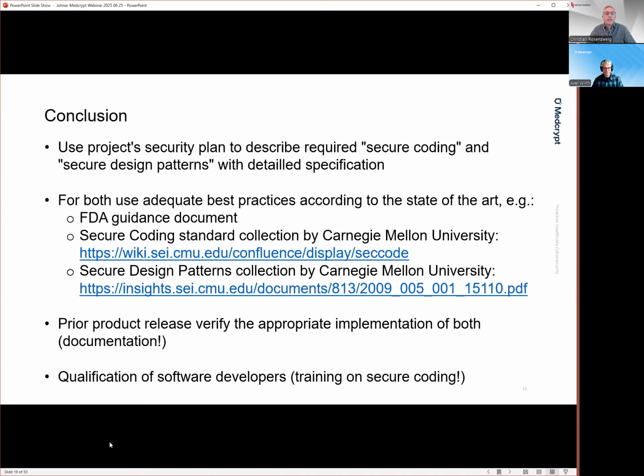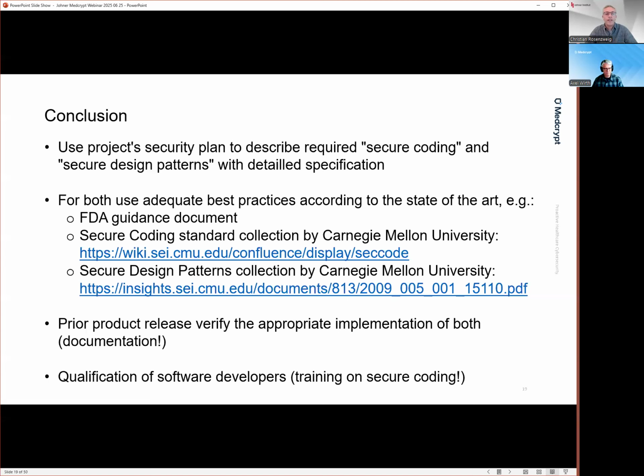For secure coding standards, you can also make use of different publications. I found one by the Carnegie Mellon University about secure coding standards and another one for secure design patterns. So this is just an example where you can find such explanations about standards.